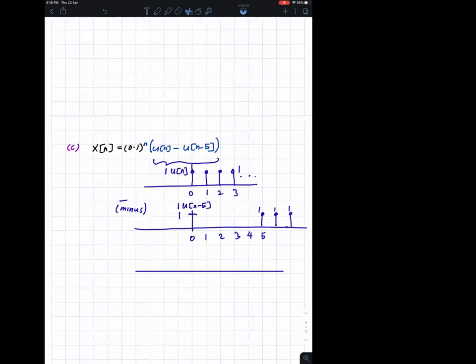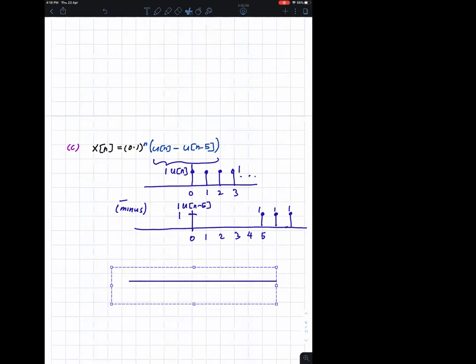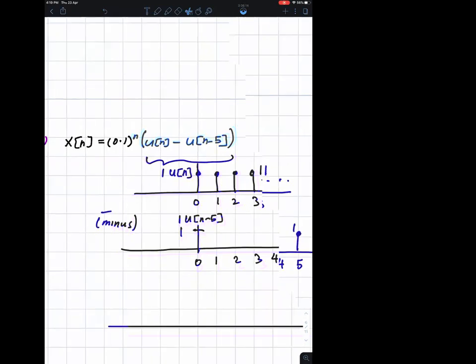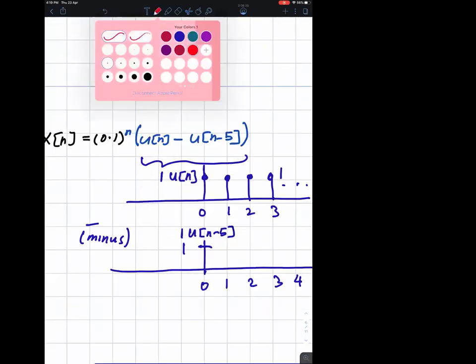We were doing this halfway just now. Now we're going to subtract one from another. Please note that you have something going on here: when n increases, you put this in red.